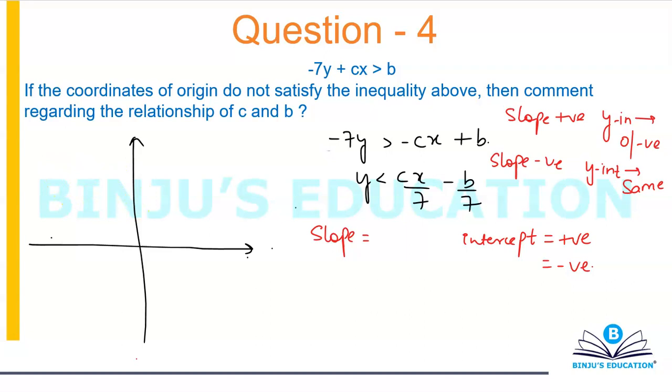Let me draw that for you. Slope 0 basically means the line is parallel to the x-axis. So when slope is 0, you can have a line something like this. Or you can have this one. That is the x-axis itself.